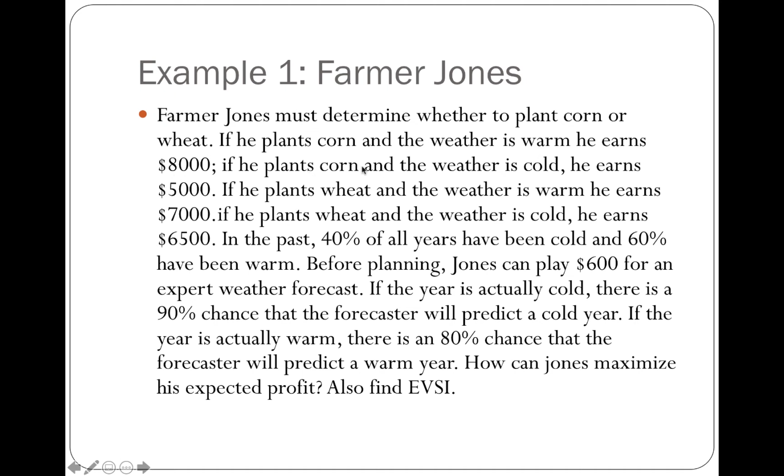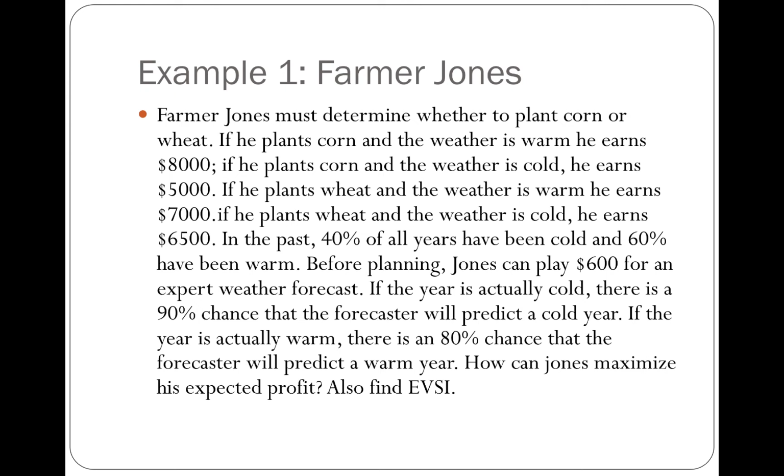If he plants corn and the weather is cold, he earns only $5,000. If he plants wheat and the weather is warm, he earns $7,000. But if he plants wheat and the weather is cold, he earns $6,500. In the past, about 40% of the years have been cold and about 60% of the years have been warm.